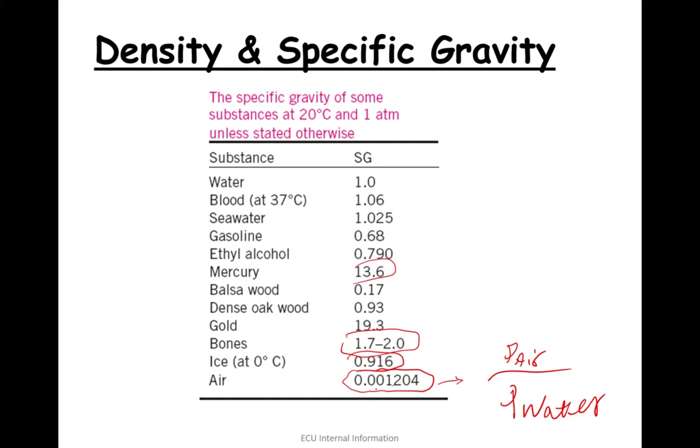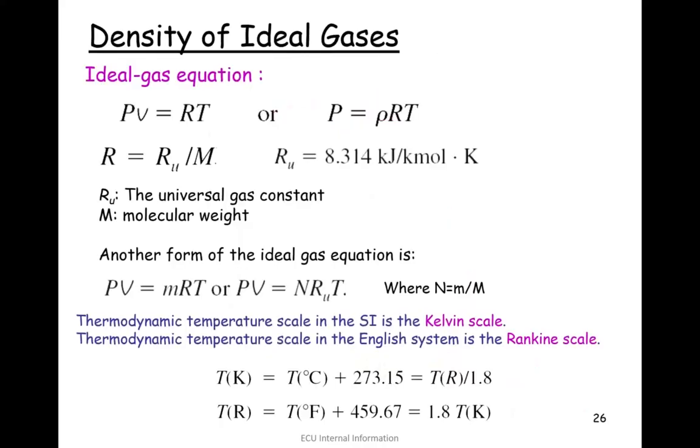But if it is considered relative to air, then it should also be 1 similar to that one. But most of the cases, even for air, are considered relative to water. But you need to watch the problem to see which one is given, and how you need to consider it.